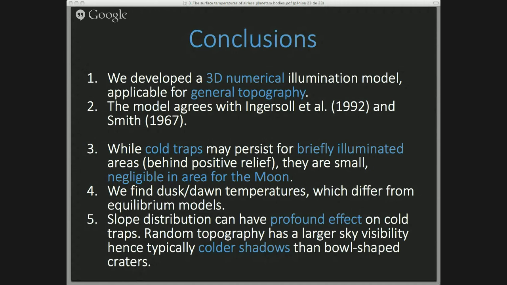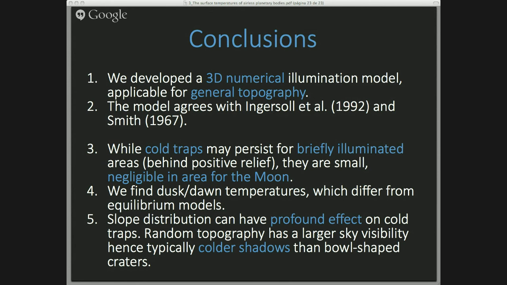So we might find them, but I don't have much hope for that, especially with the lunar obliquity that usually ruins everything. And what we can do to improve past models, and this is, I think, very important, is that the equilibrium temperature during sunset and sunrise is very different from the actual surface temperature.